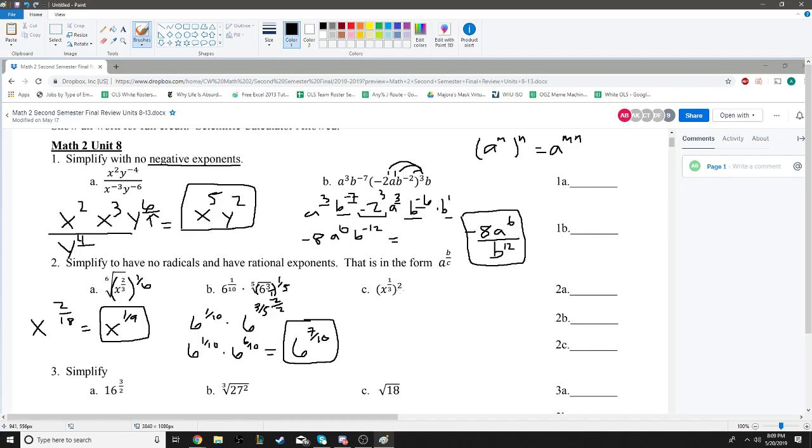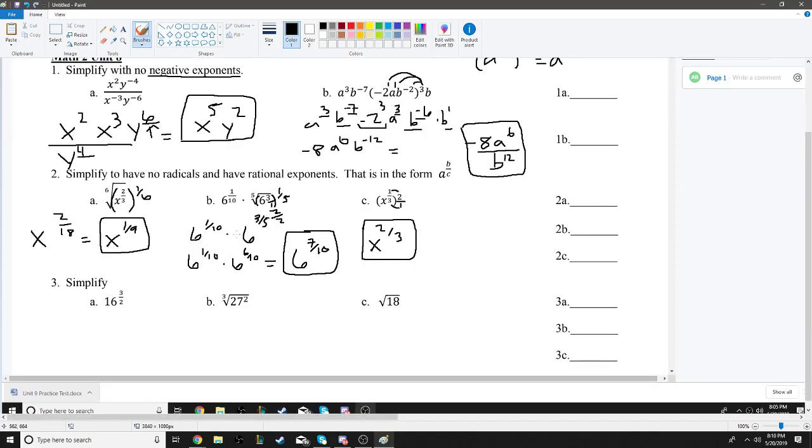Okay, for this next part over here, we're going to make this a fraction by putting 1 under it, and we are just going to multiply into both of them. So this becomes x to the 2/3. Down here, if we rewrite this number in the denominator, that is the root that we're taking.